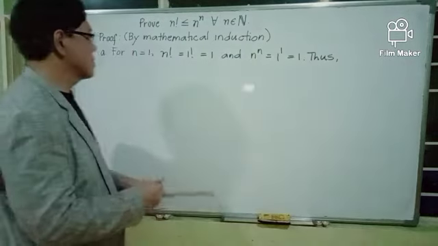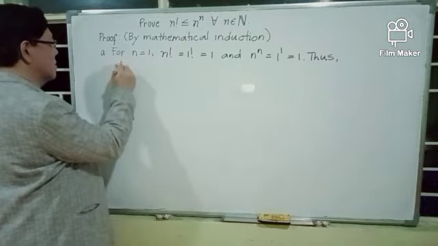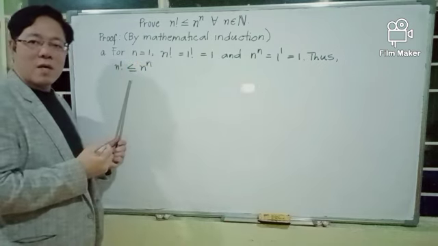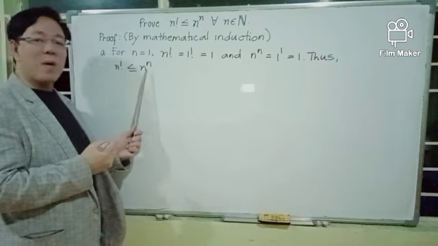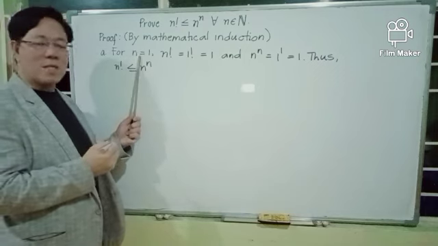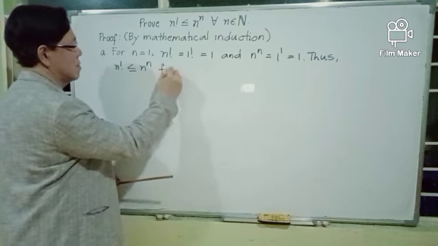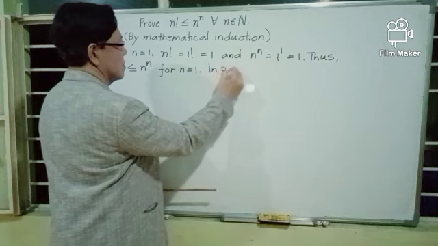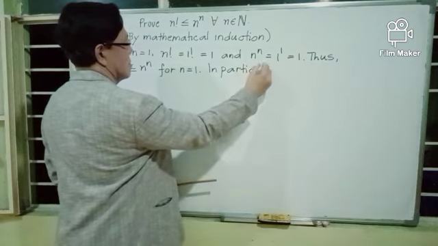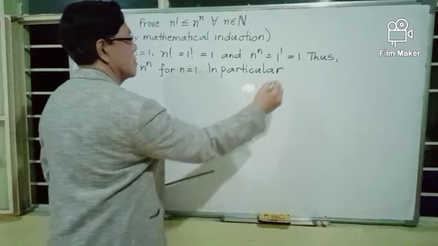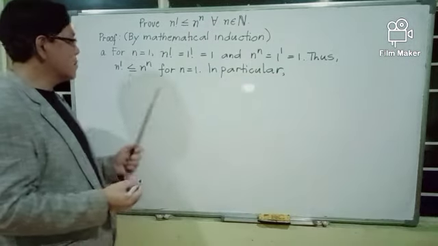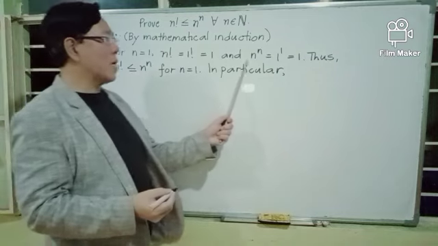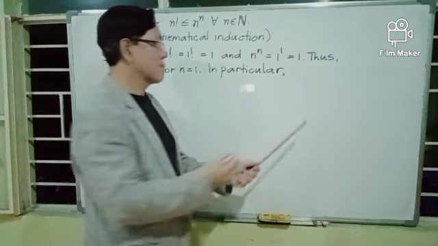Thus, we write n factorial is less than or equal to n to the power n for n equals 1. In particular, n factorial is 1 and it's equal to n to the power n, 1.